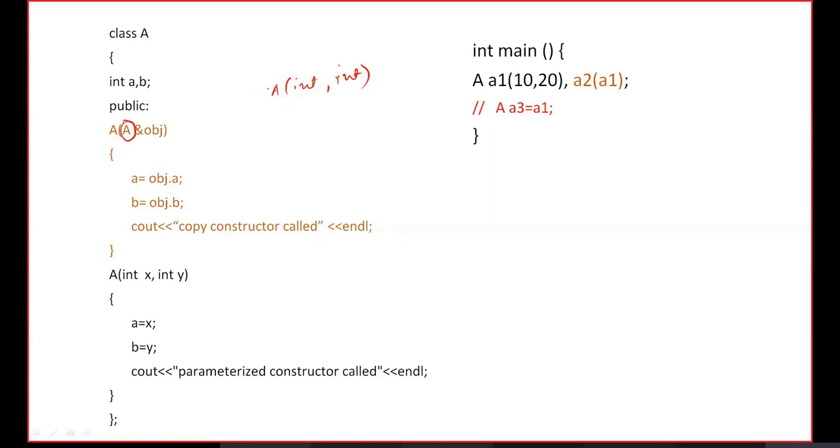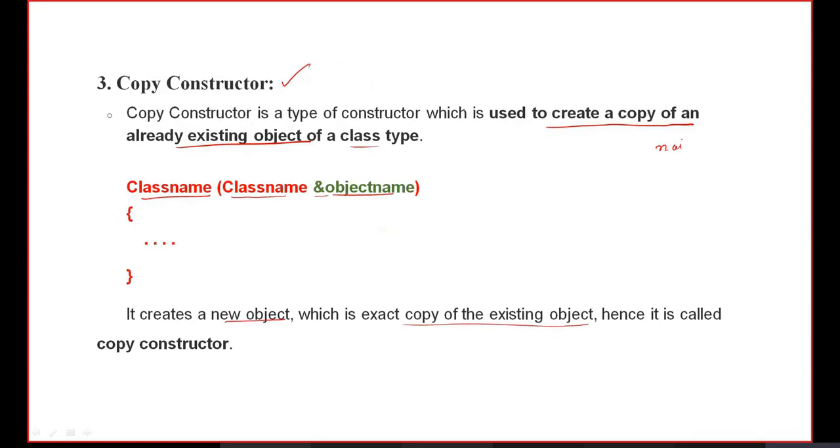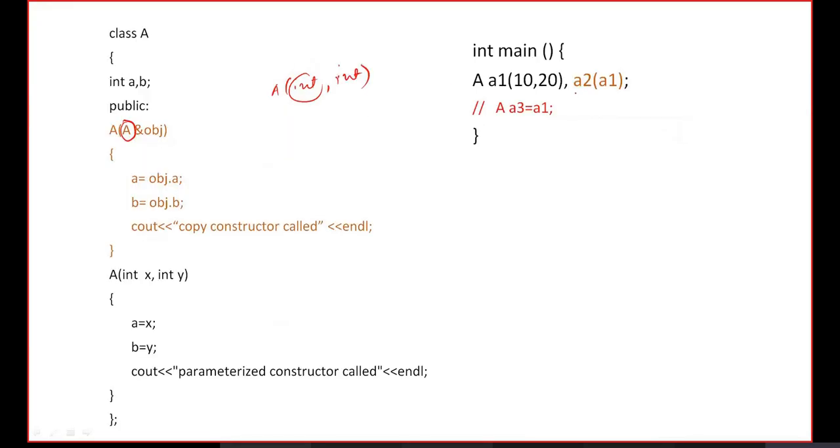A type of values, not int type of values. Because we have to create a copy of the existing object, and that existing object will be passed as a parameter from main. So when I create the A2 object, I am passing A1 as an argument, which is an already created object. This A1 is of A type. That is why A is mentioned here, right?